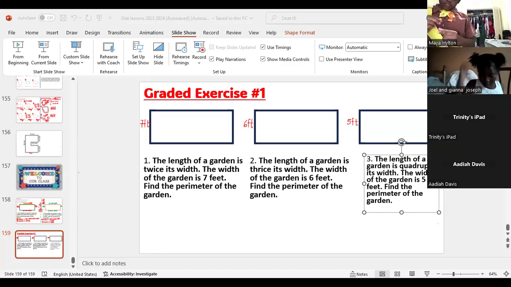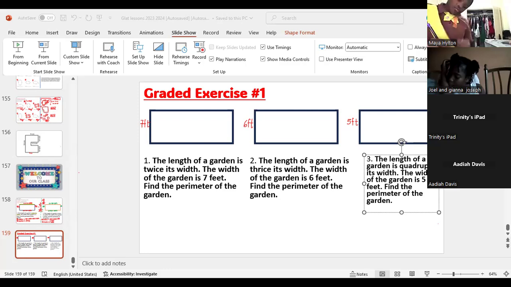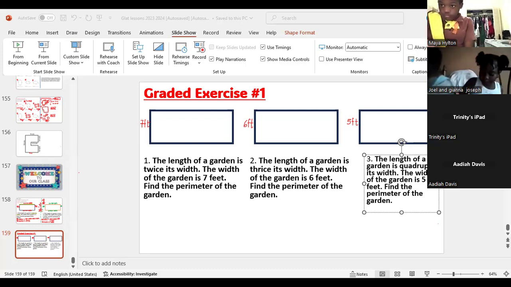Take a picture of your work and send it to me, Adaya. Gianna and Joel, how are y'all doing? I'm on number 3. Okay, perfect. I finished when I sent you my work, Mr. Petit.